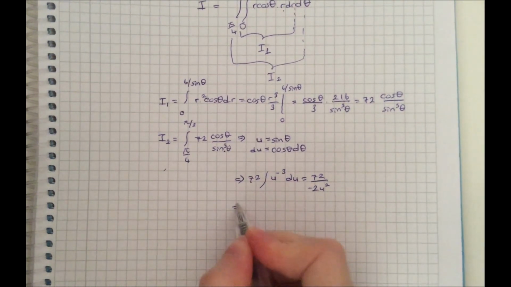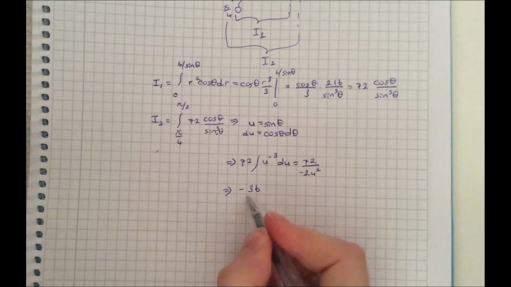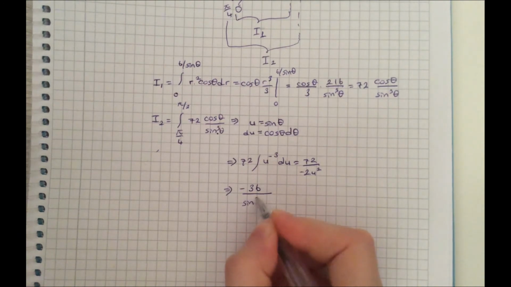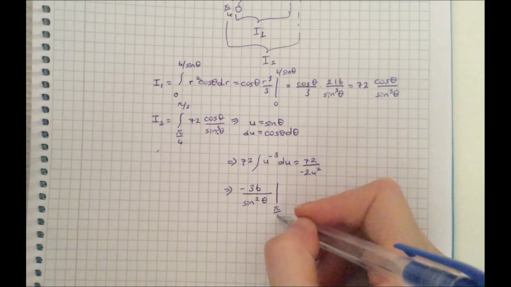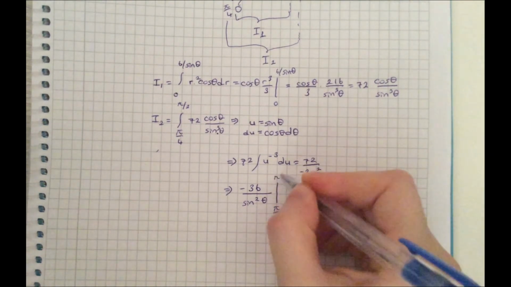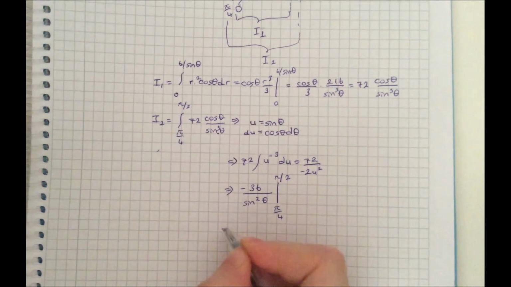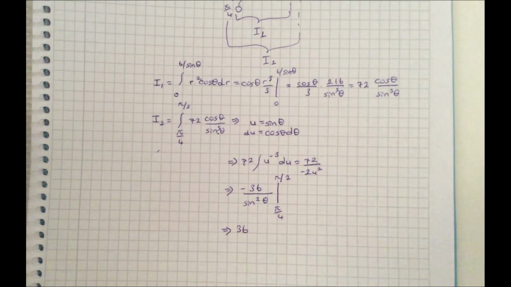Then we can write this, it is changing pi divided by 4 to pi divided by 2. So the result of this integration is 36.